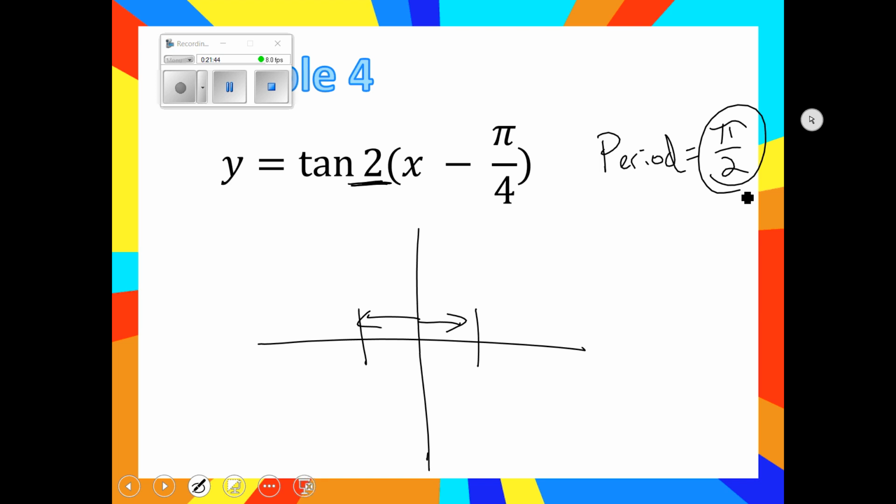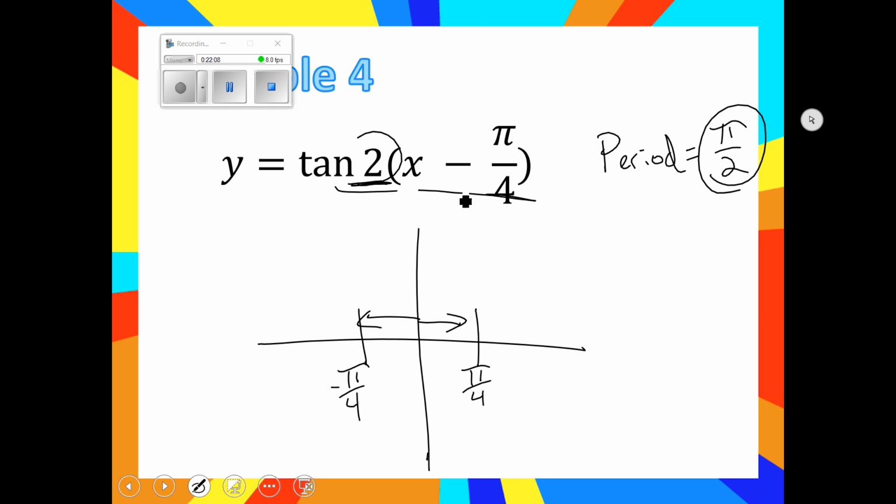You can do 1/2 divided by 2. Okay, what are you going to get? You're going to get pi over 4 and negative pi over 4. Okay? So if I drew this just based on the period, it's going to go like this. Okay? And your asymptotes would be right here at negative pi over 4 and positive pi over 4. You with me so far?